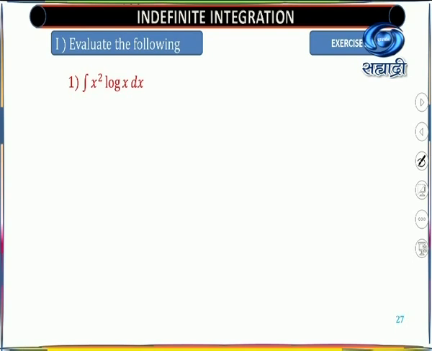Now the problem starts with which function you will select as the integrable function and which function you will select as the differentiable function. Which one is integrable? Because if you integrate x square, the power will increase, then again x raised to 4 upon 4 and it continues, so the integration will not stop anywhere.